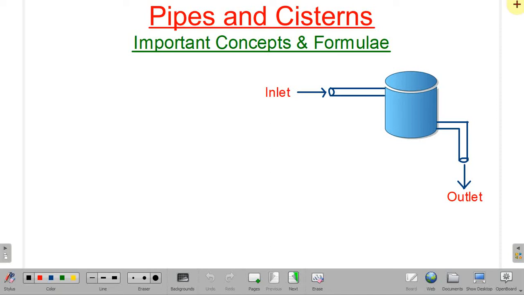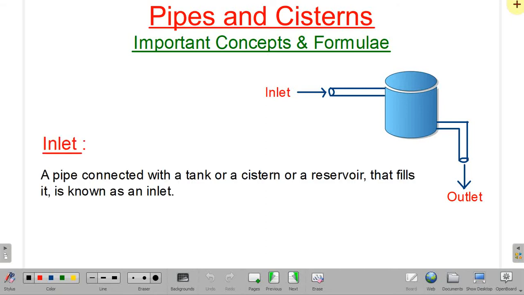In this lecture, we will discuss some important concepts of pipes and cisterns, and we will also solve some problems based on our discussion. Okay, so we will see what the system is. So see, in pipes and cisterns, normally this is a tank. Okay, it is in the form of a cylinder or a cuboid.